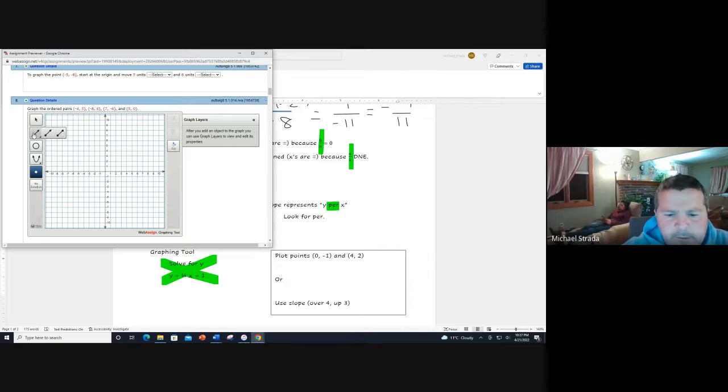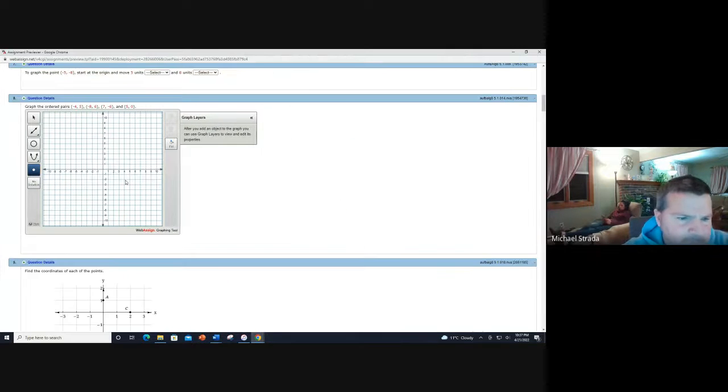Okay. Now, if I'm graphing a line, I want to choose that tool. I'm not just graphing the points. So I start at -1. Why will it not do this? Okay. So there's my -1.